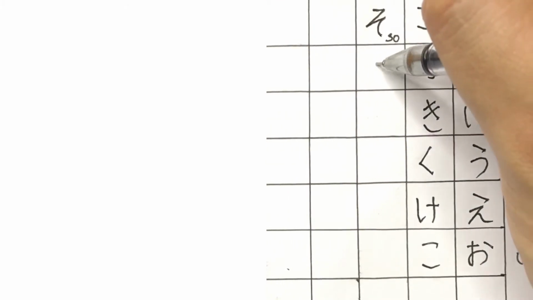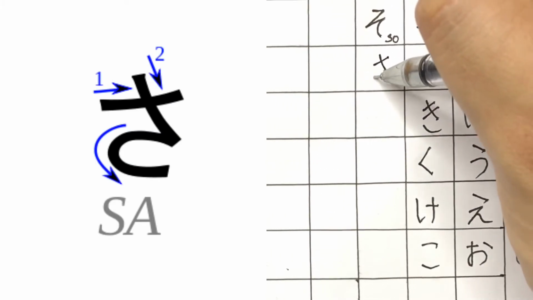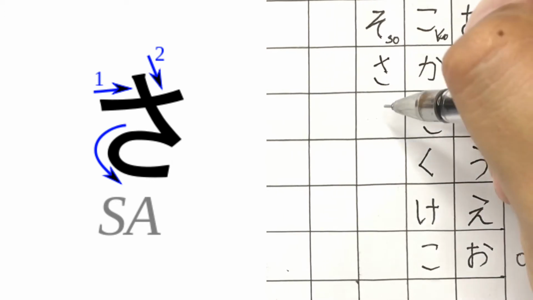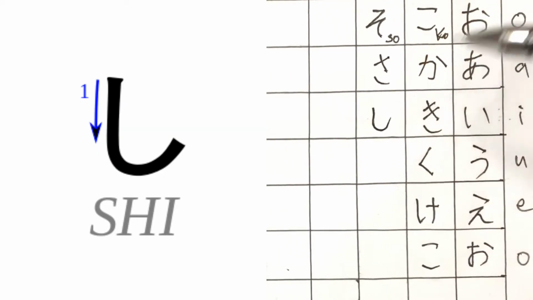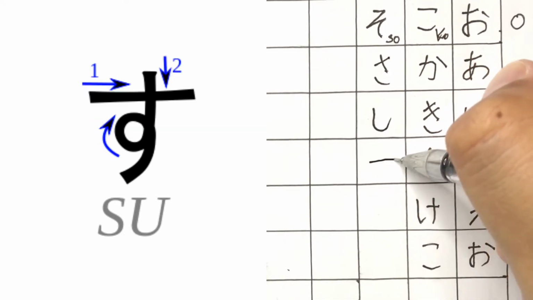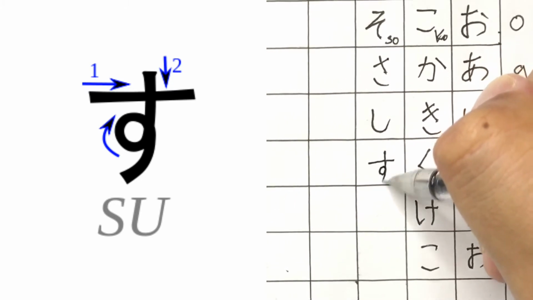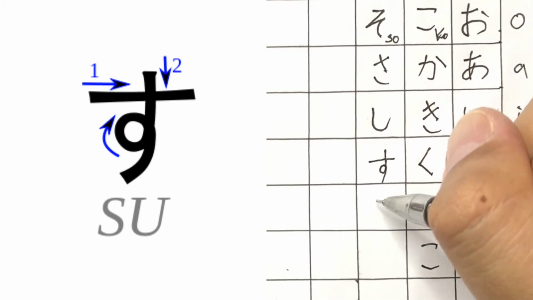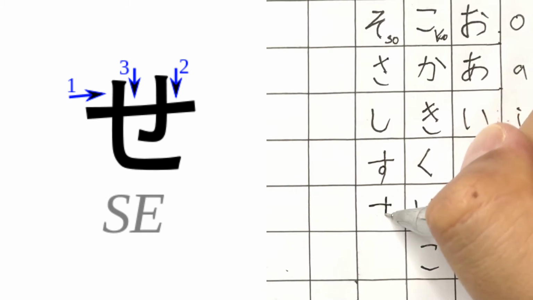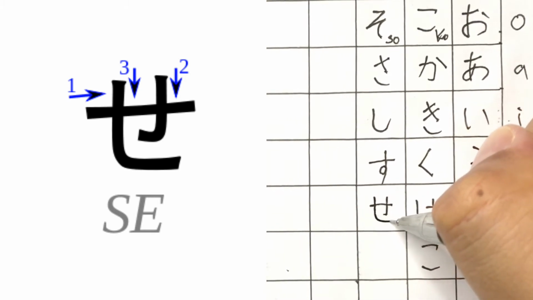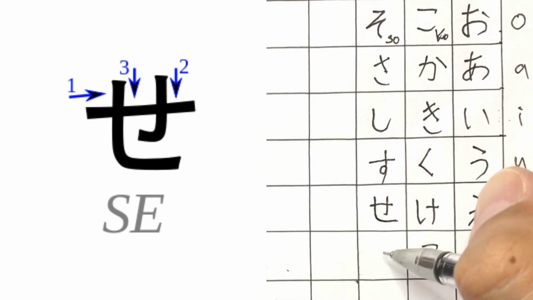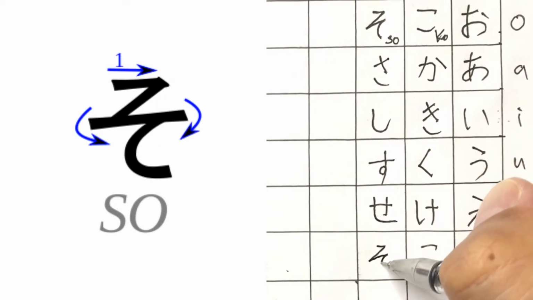Let's write it again: sa, shi, su, se, so.